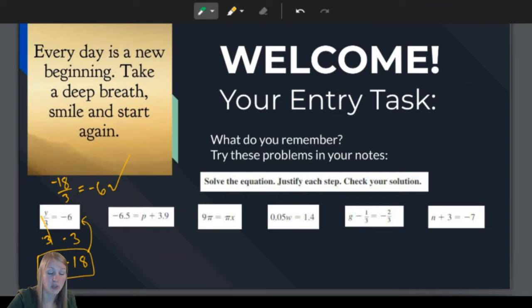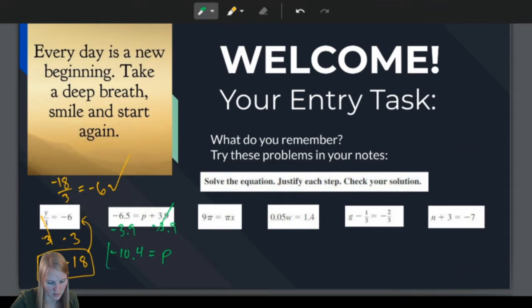We have p plus 3.9 equals -6.5. Opposite of plus is minus 3.9. And if I do it to one side, I gotta do it to the other. So minus 3.9 to this side. That goes away. And -6.5 minus 3.9 is -10.4.